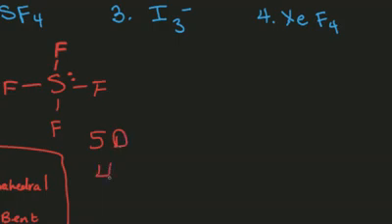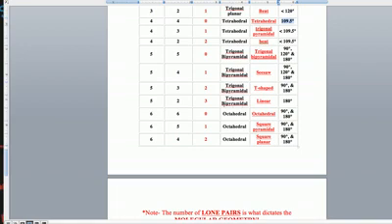Then 4 of them are bonding domains and 1 lone pair, and that equates to the shape of, so we've got 5, and it's 4 and 1.